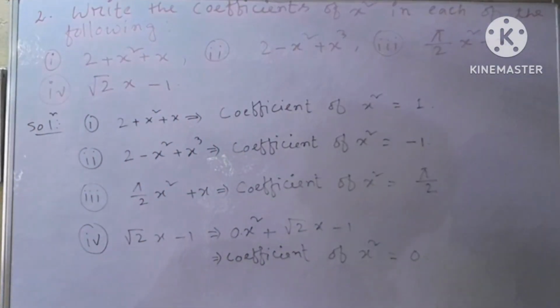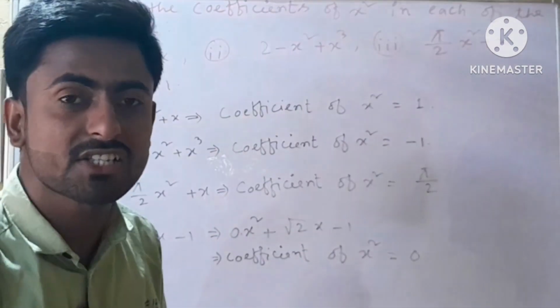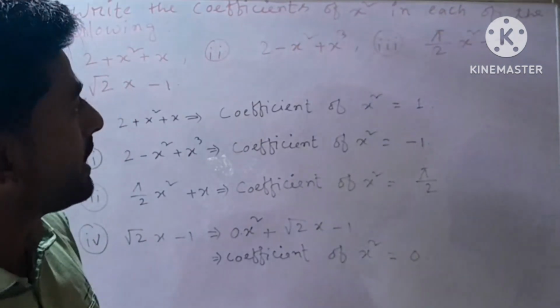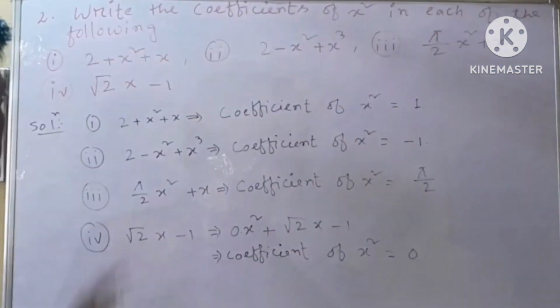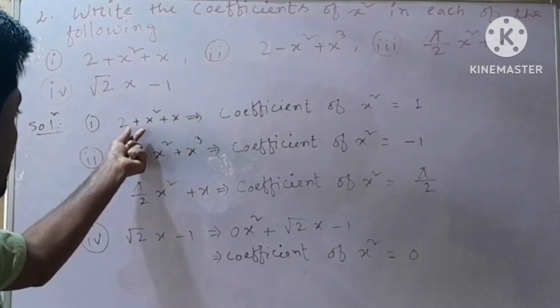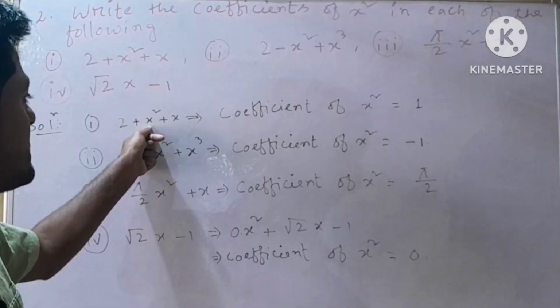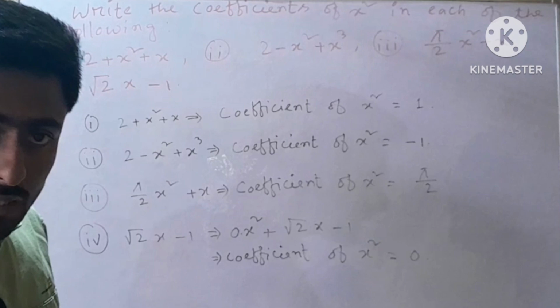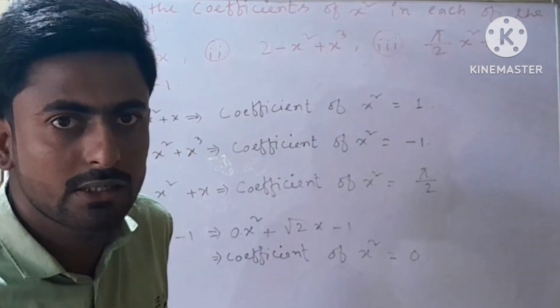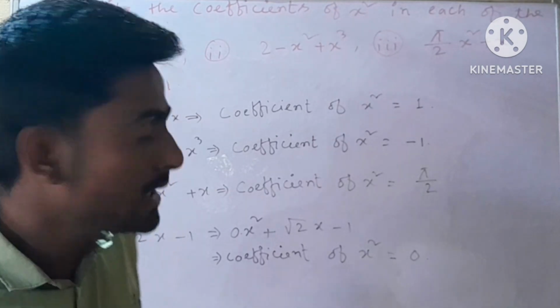Here question number 2 says that write the coefficient of x square in each of the following. Here Roman number 1, the polynomial given is 2 plus x square plus x. You have to find the coefficient of x square. What is the coefficient?